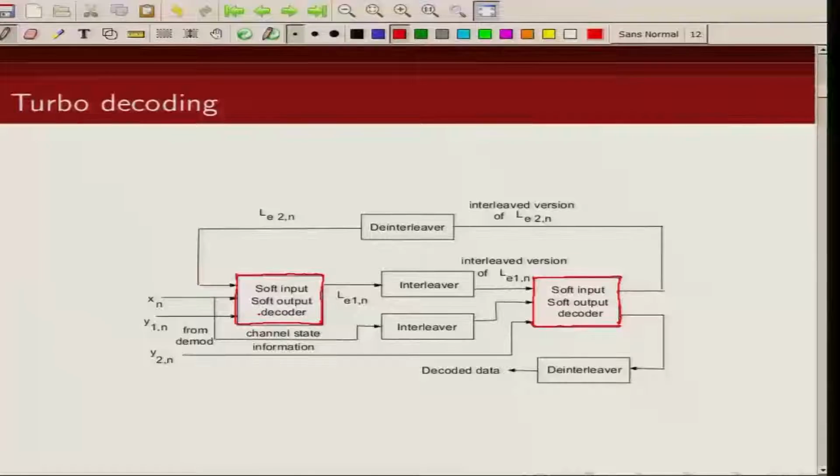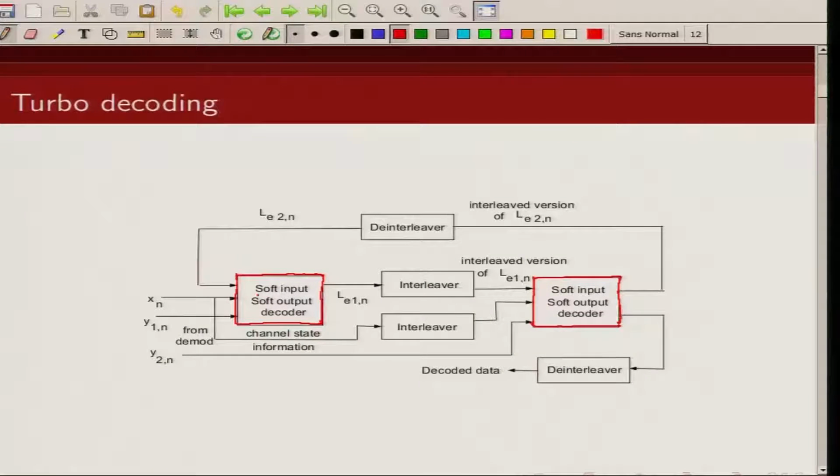The output is also soft. What do we mean by soft output? The decoder will output not only the decision about whether the bit it thinks is 1 or 0, but it will also give us some information about with what probability it thinks the bit is 0 or 1.